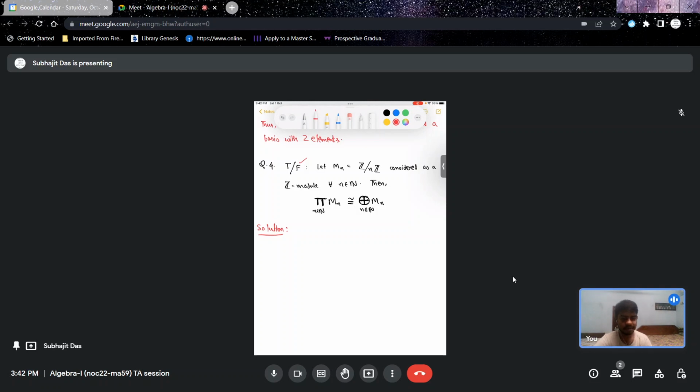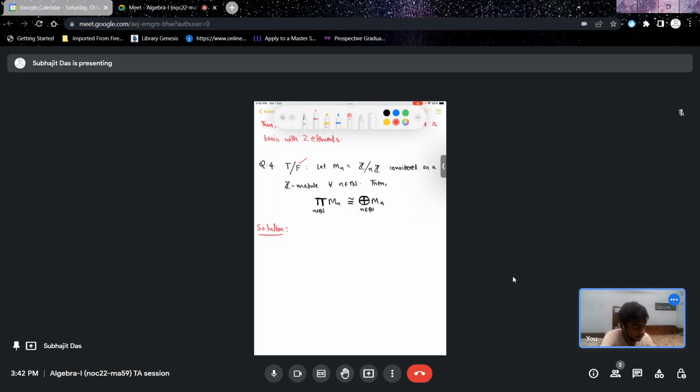A module over Z is called a torsion Z-module if and only if every element of the module is a torsion element, which means that for any element in the module, there exists a non-zero integer n which annihilates that element, that is, n times that particular element gives you 0. This is what a torsion Z-module is. And the direct sum, because of its internal description, is a torsion module, while the product isn't.